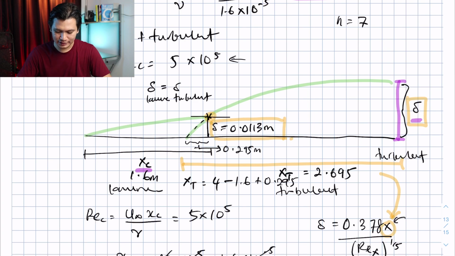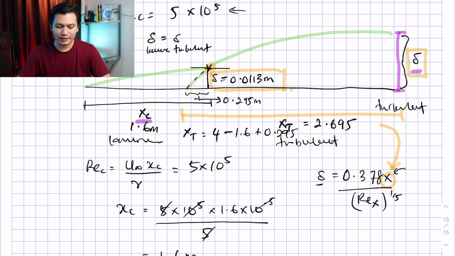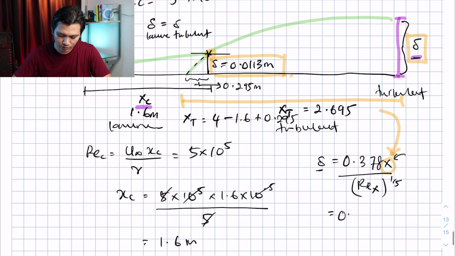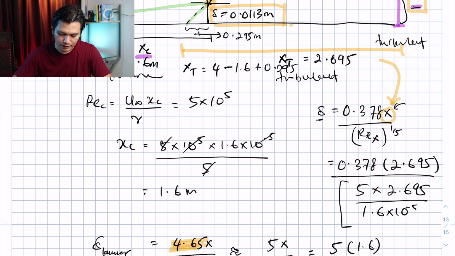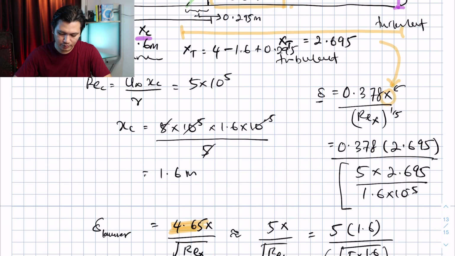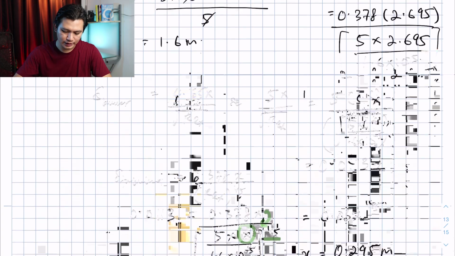Now with that x, can you actually find this del? Definitely you can. Del is equal to 0.378 times 2.695, divided by u infinity, which is 5, times 2.695 divided by 1.6 times 10 to the power of minus 5. This will become your actual del.